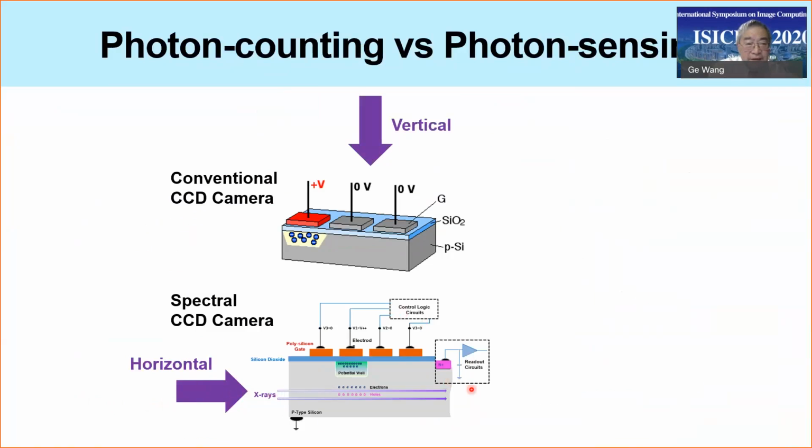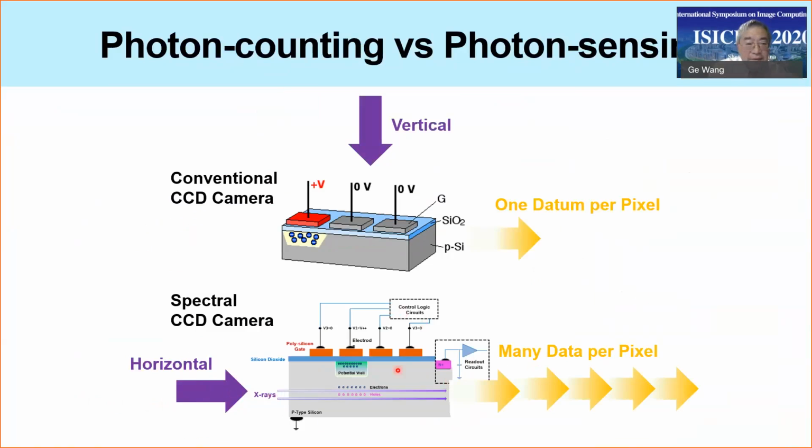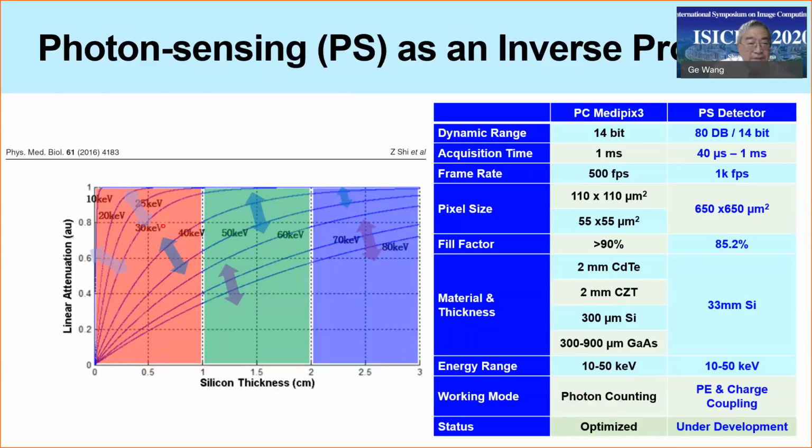For a conventional CCD camera, each time you read out one datum, but for this deep silicon technology, you read many data points. The X-ray beam is attenuated along the path, and depending on X-ray energy, you get different relative absorption in the first layer, second layer, third layer.